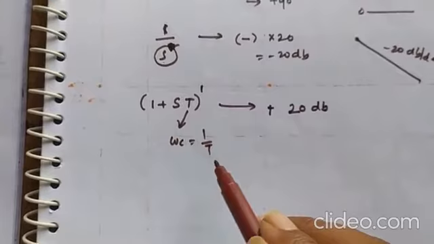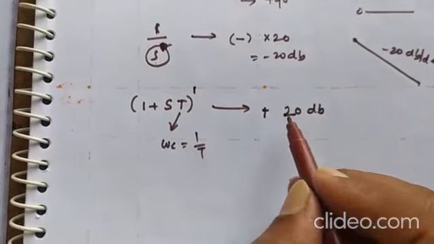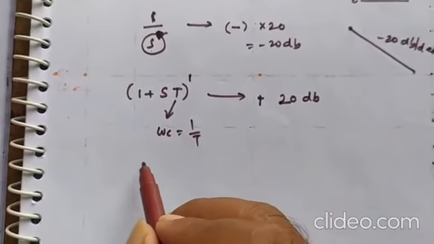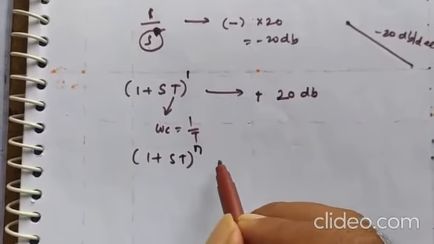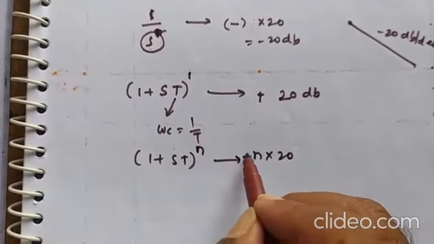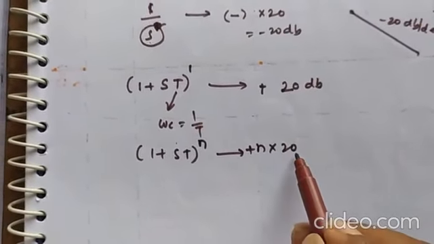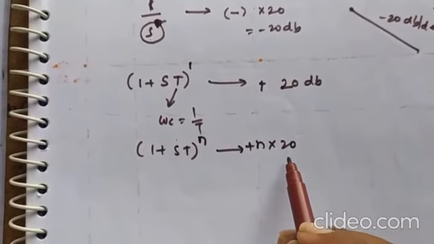The power of this term is the multiplication factor for this 20. Suppose you have taken 1 plus ST to the power of N, then again it is N into 20 dB. It is a numerator, so it should be plus. So N equals 1 is plus 20 dB, and N equals 2 is plus 40 dB, like that.